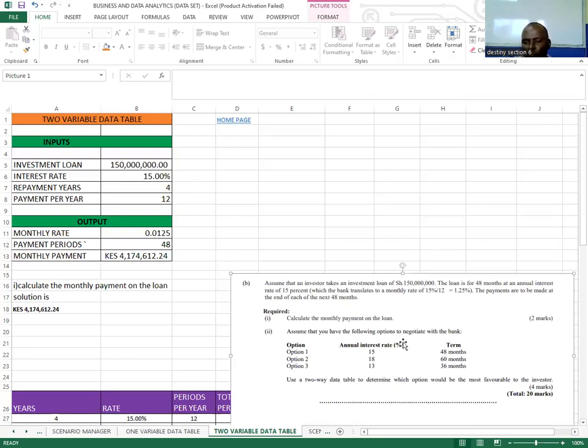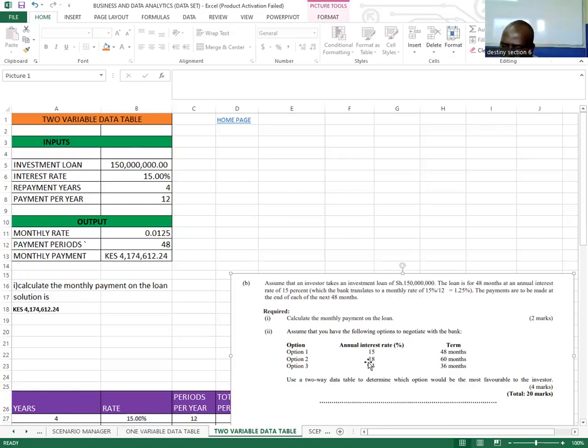So the first thing we should do, what I wanted us to do is for the interest rate to go column wise, and then the terms go column wise, so as to avoid contradiction.